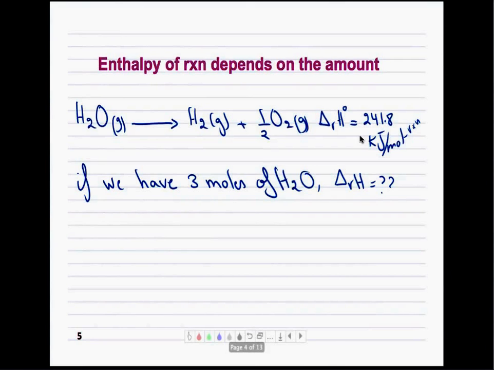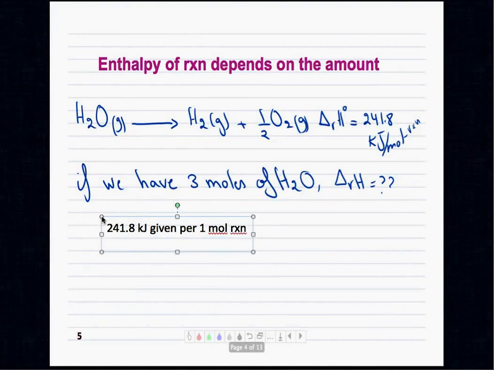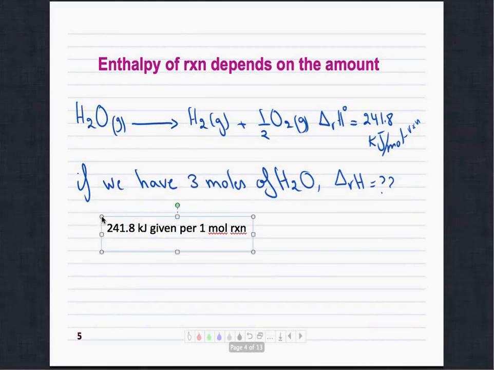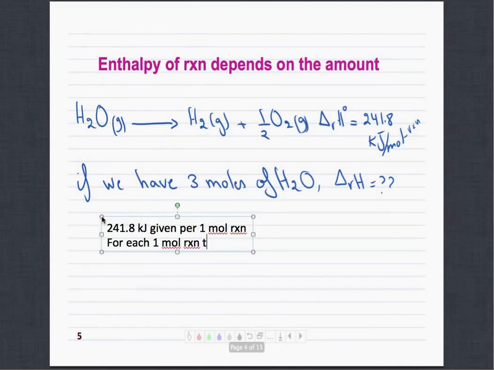In here it is given that 241.8 kilojoule is released, given per 1 mole reaction. But for each 1 mole reaction, which is the one up there, I have 1 mole of water. I put the 1 mole of water because it's asking about the 3 moles.